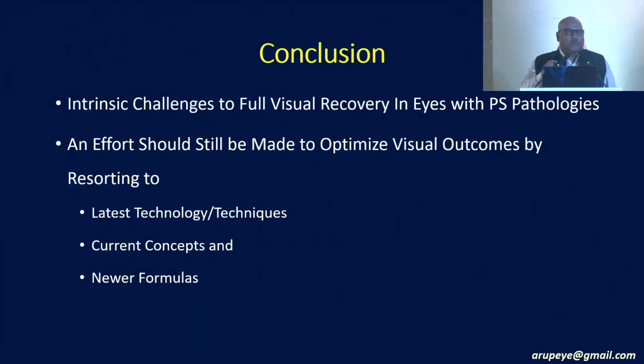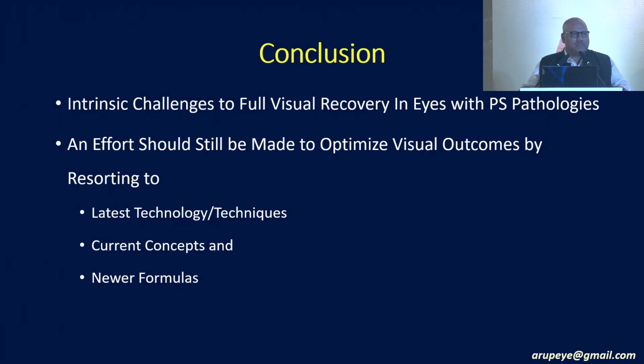So cataract surgery and IOL implantation in eyes with posterior segment conditions are no longer a very challenging situation. Unlike in the previous days, now vitrectomy is being done for very good prognosis eyes. So we have to make sure that we use the best technology, best surgical technique, and best strategy for IOL calculation for these patients.